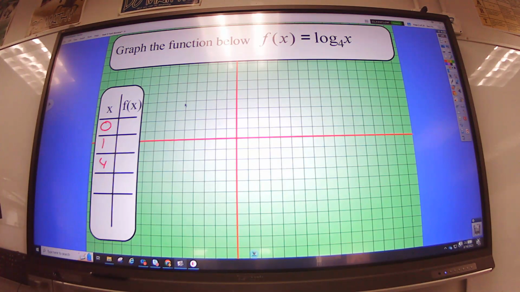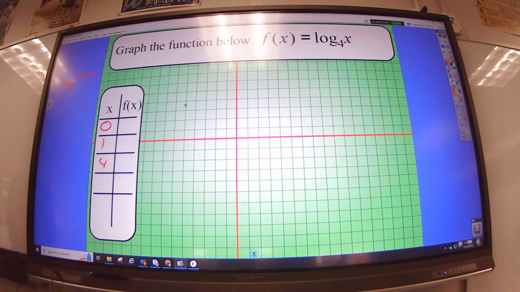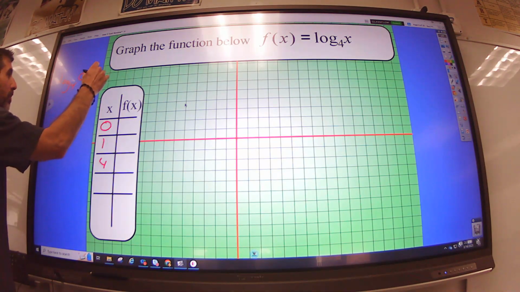No solution. Now, there's a couple ways we can see this. We can write this in exponential form. We can say 4 to the y equals 0. What do I plug in for y to make it equal to 0? Nothing. You can't make it 0, right? The logarithm is multiplying 4 by itself over and over again, but it'll never be 0.